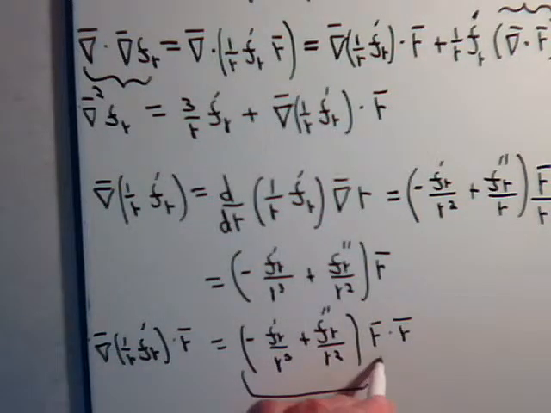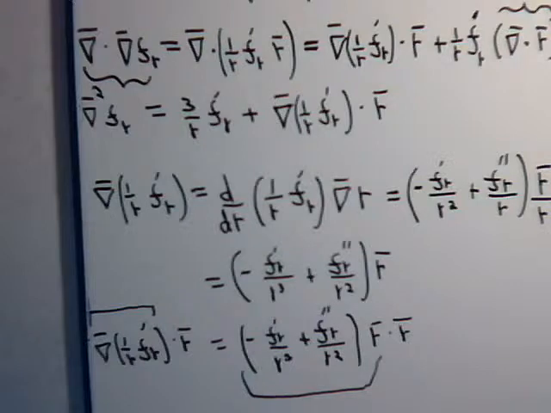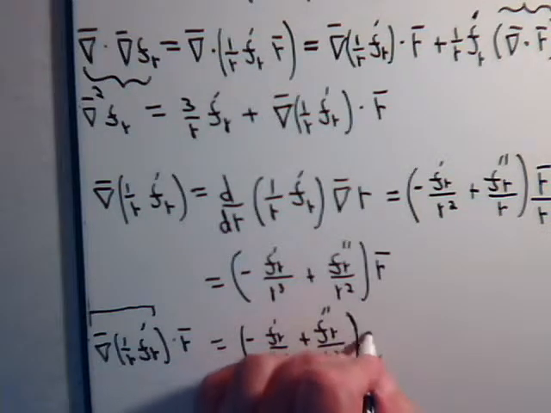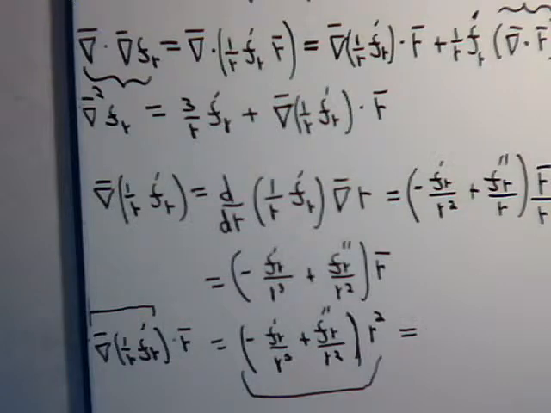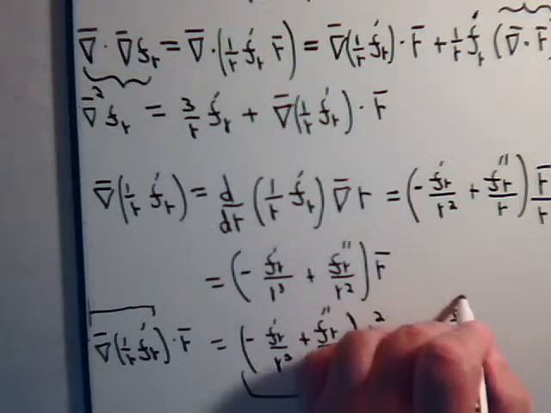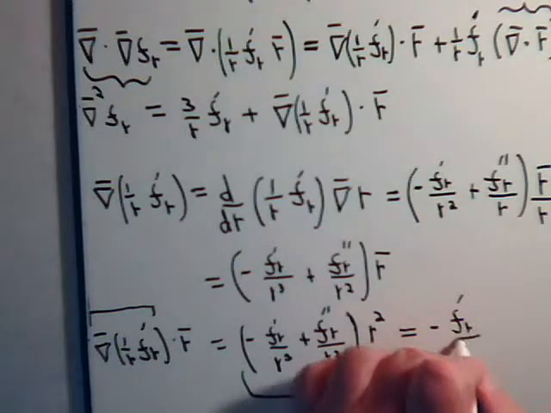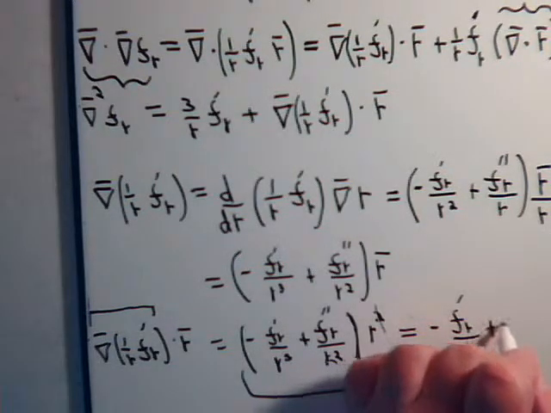This is that right there. So this is just going to be r squared. R dot r is r squared. And this will be equal to then minus the first derivative of our function, r squared divided by r cubed, which is divided by r, plus the second derivative.